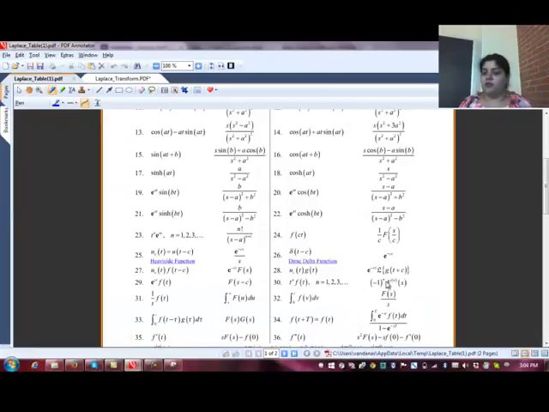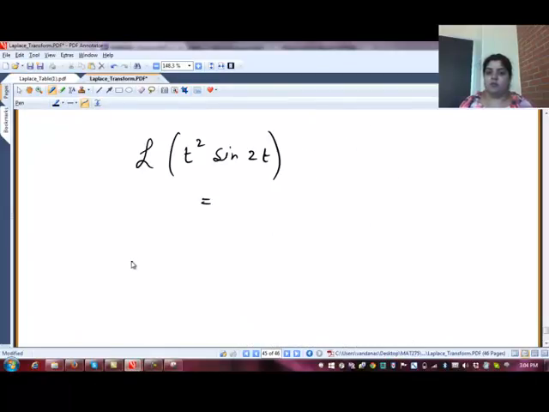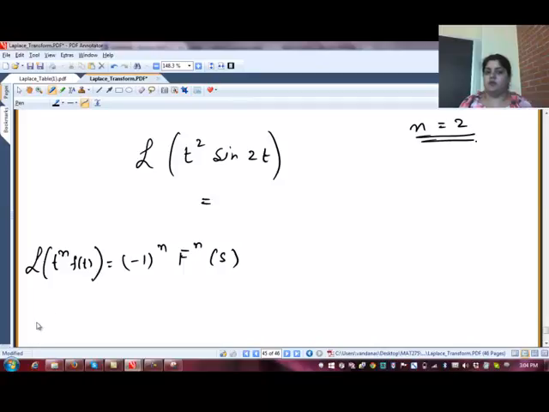Minus 1 to the power n F^(n)(s). So what does it mean? Here n is 2, because this is the Laplace transform of t to the power n f(t). So n is 2, so that means (-1)^2.